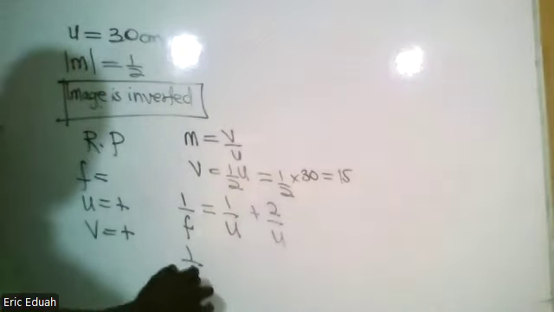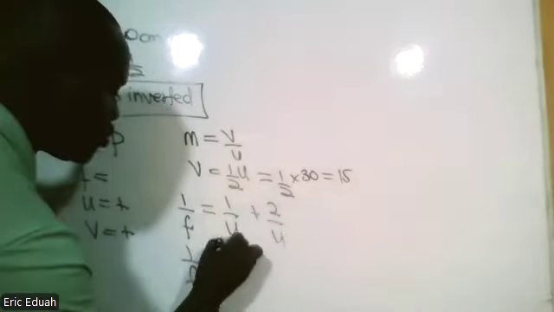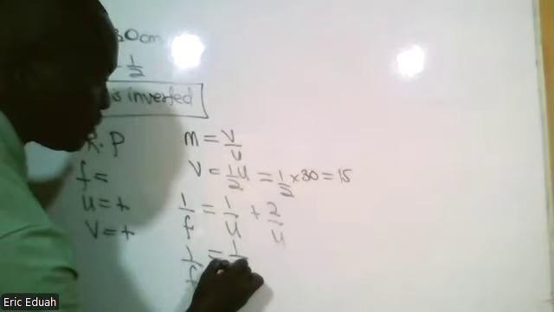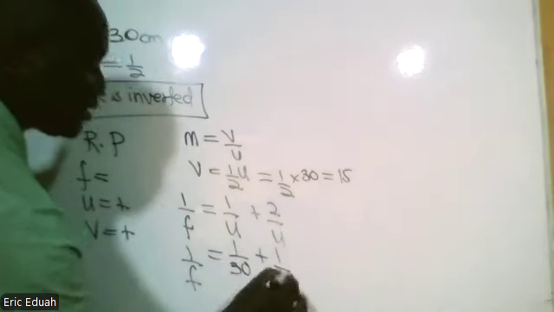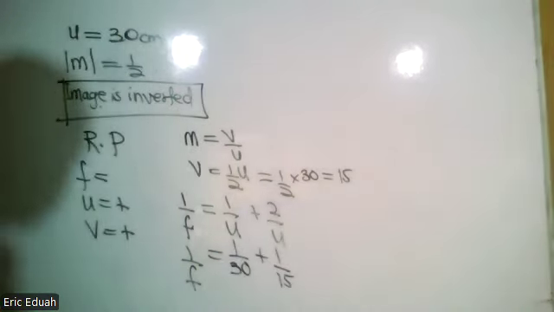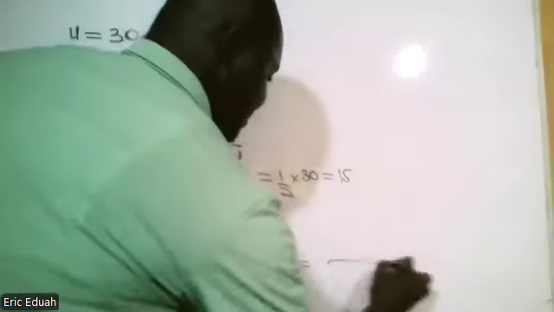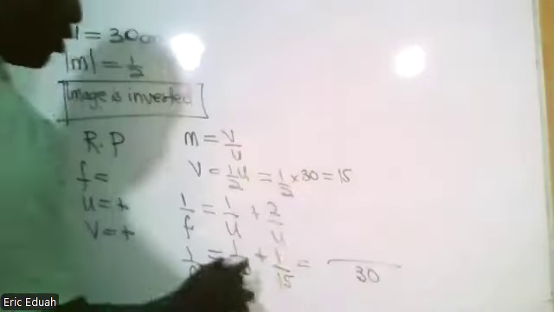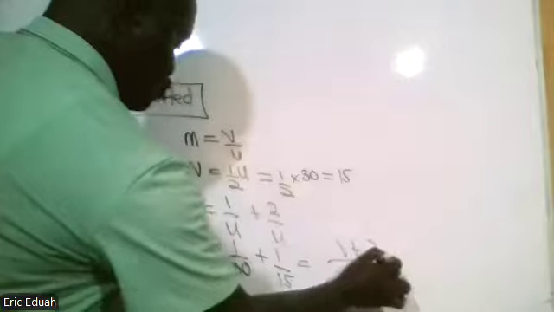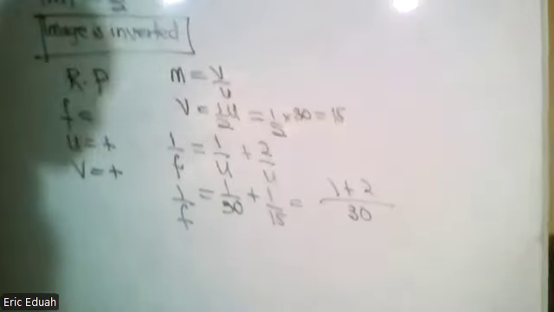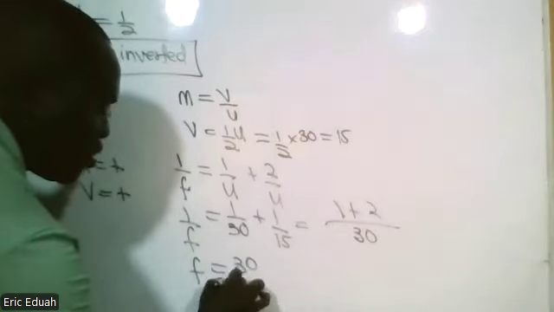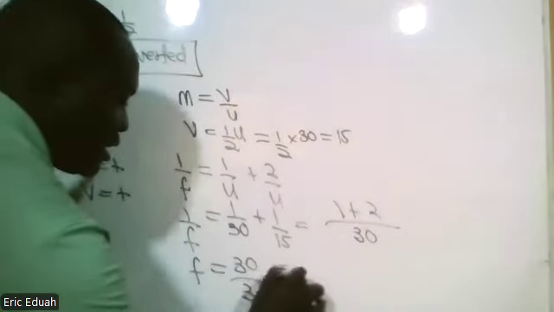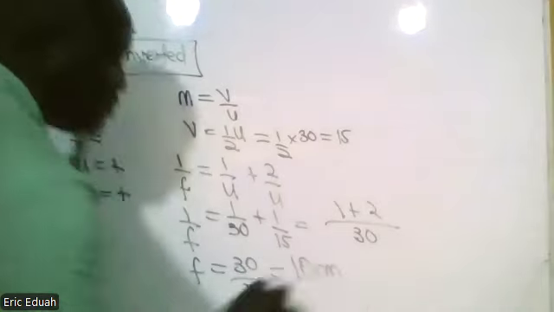Therefore, 1 on F is equal to 1 on 30 plus 1 on 15. LCM 30. 1 plus 2. So we have F being equal to 30 on 3. Focal length 10 centimeter.